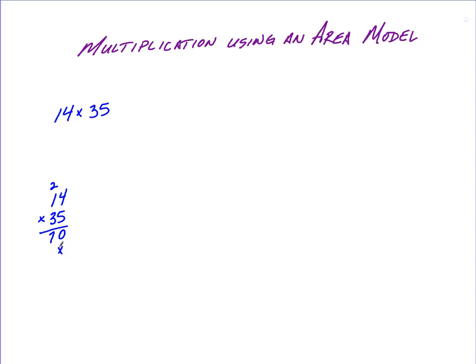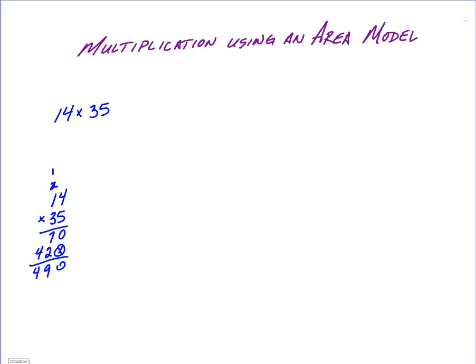Then save a place here because when we multiply this 3 times 4, we're not multiplying actually 3 times 4, we're multiplying 30 times 4, 30 groups of 4. That's going to give us 120, but 3 times 4 is 12, carry a 1, 3 times 1 is 3, 1 more is 4, and then add the columns and get 490.